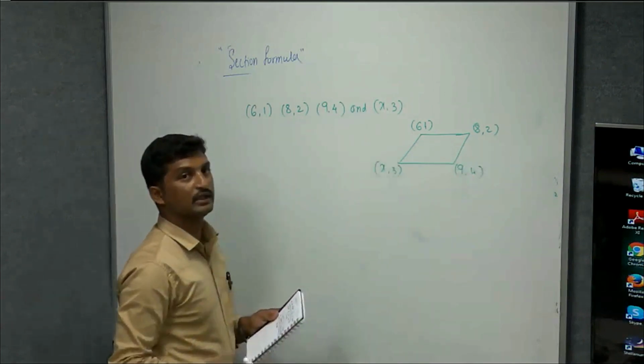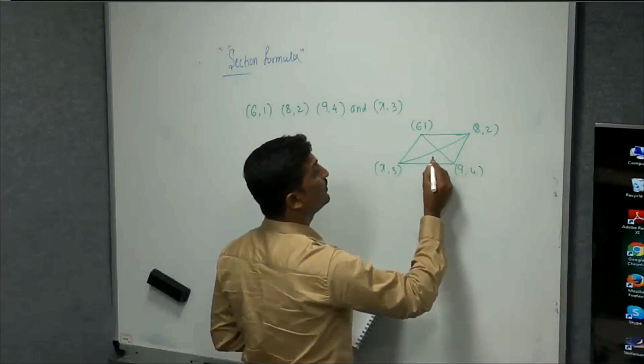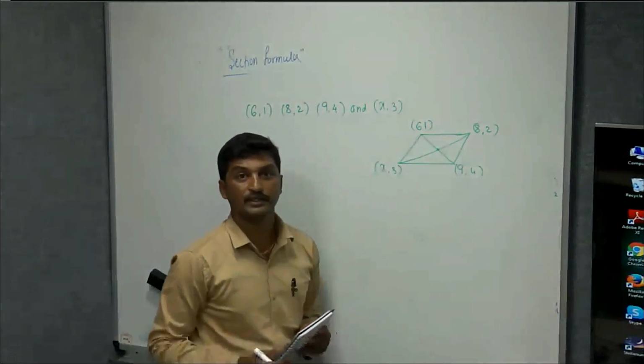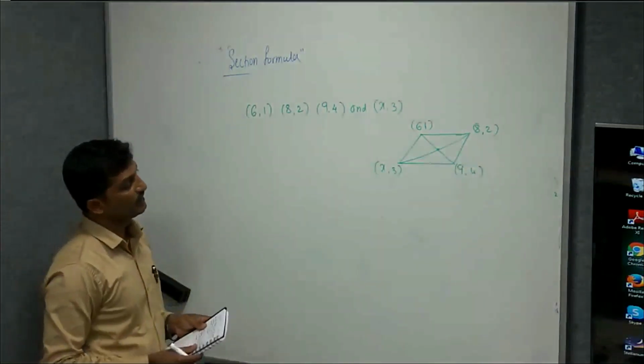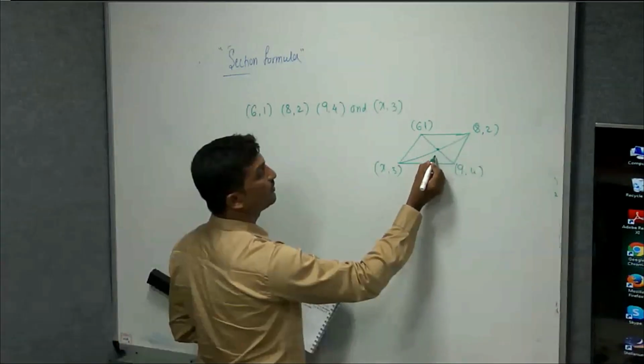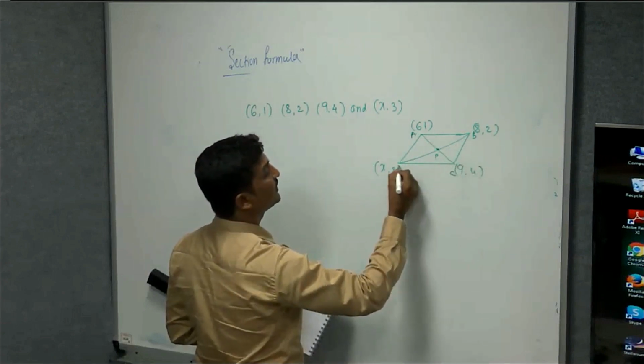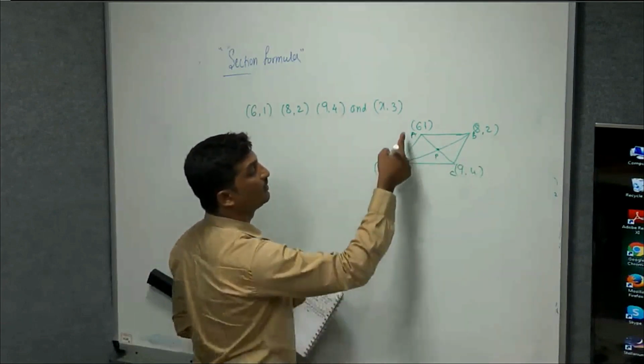How to calculate is very simple. Draw the diagonals. We know that both diagonals bisect each other, right? So if they bisect each other, this point P will be the midpoint of AC and the midpoint of BD, taking the vertices as A, B, C, D. What is the formula for the midpoint of AC?